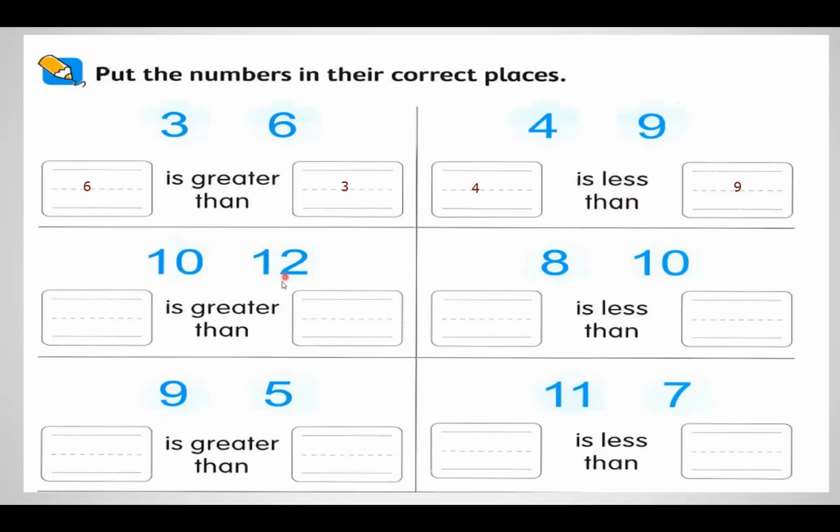Again, we have 10 and 12, and this word is greater than. Greater again means big. Which is bigger here? Of course, 12. Put the 10 here. So 12 is greater than 10.